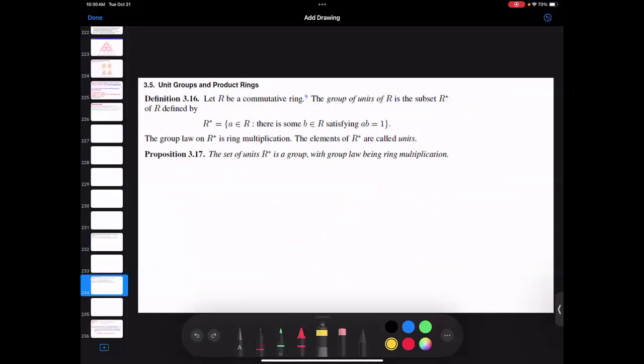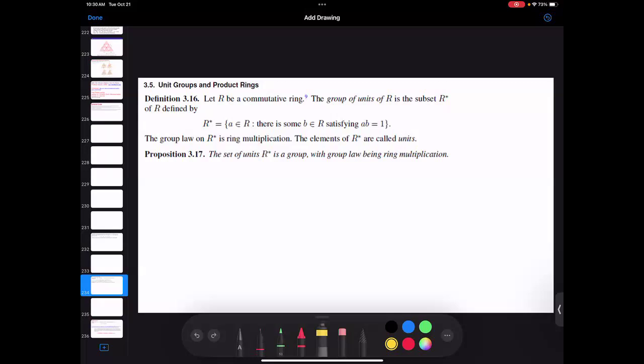These are the invertible elements. So the group law on R star is ring multiplication. We call the elements units. And so the proposition is that the set of units is a group with the group law being ring multiplication. And as always, we are assuming R is a commutative ring.